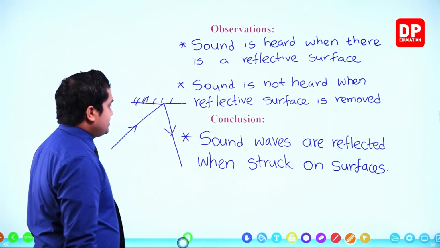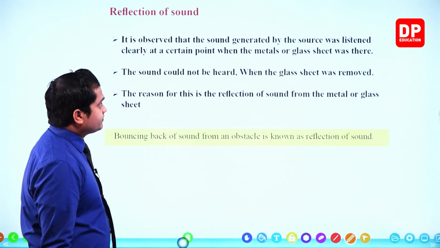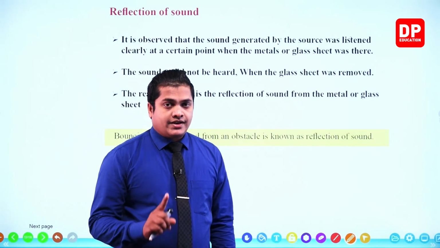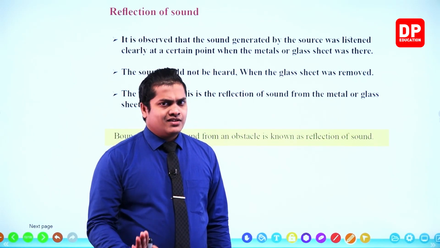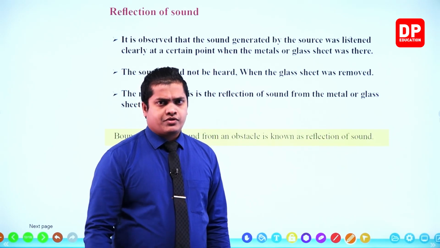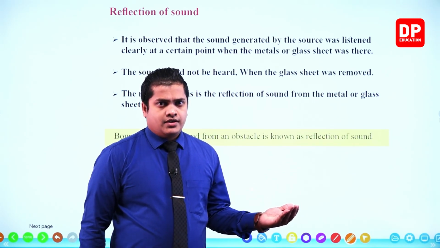Right then, now let's see what other things are contained in the lesson. So here, the reflection of sound. It is observed that the sound generated by the source was listened to clearly at a certain point when the metal or glass sheet was there. So like I said, when the reflective surface is there, we can clearly listen to the sound, the tick sound given by the stopwatch, right?